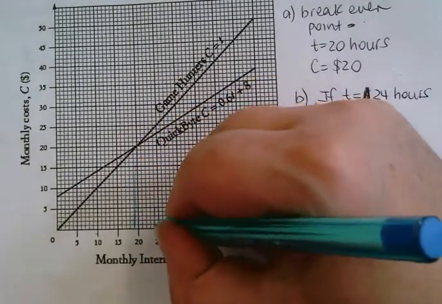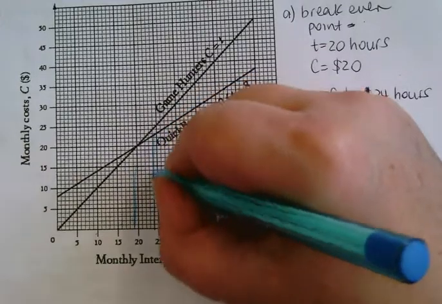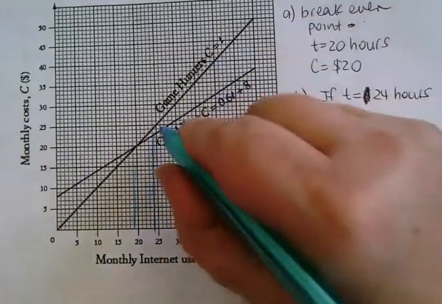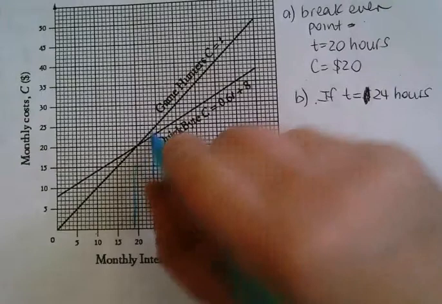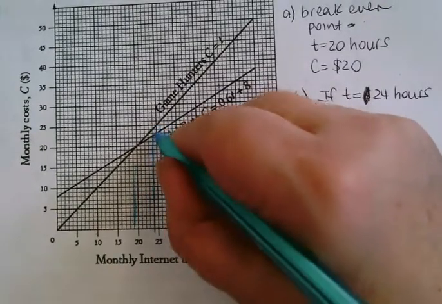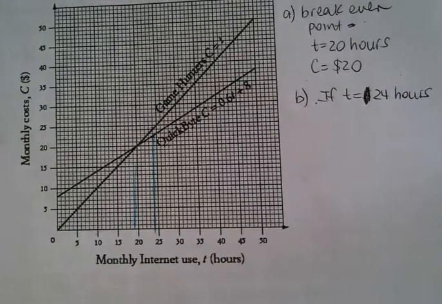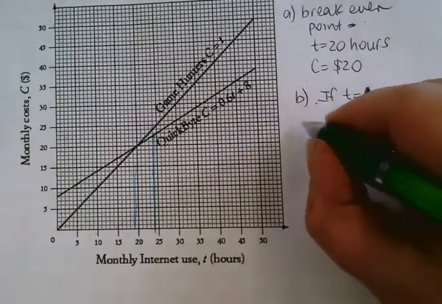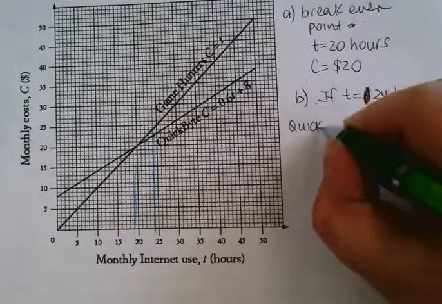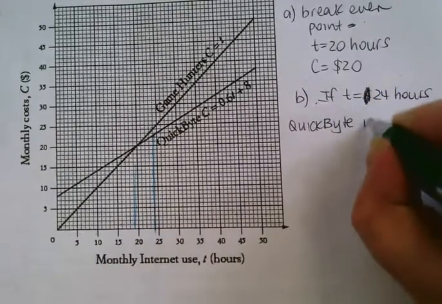Quick Bite is better by a couple of dollars. Quick Bite, we can see from the graph, is cheaper.